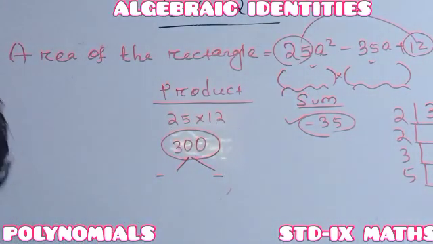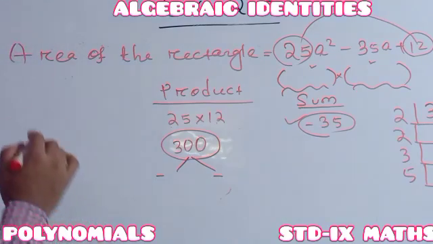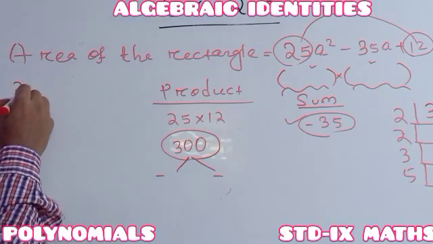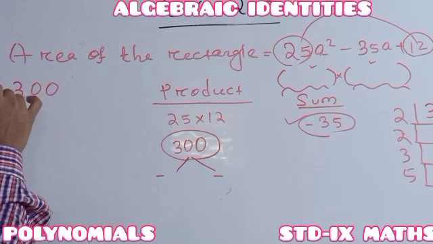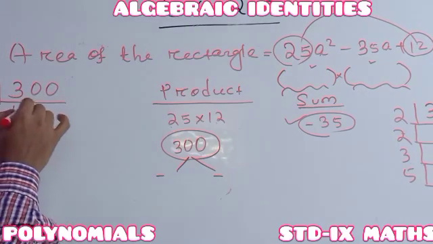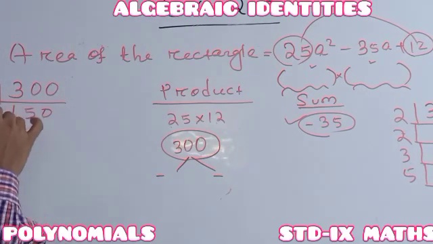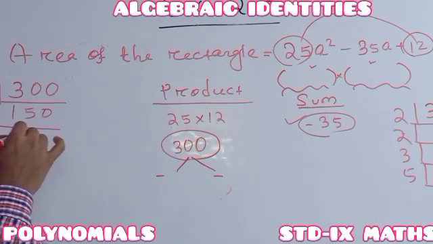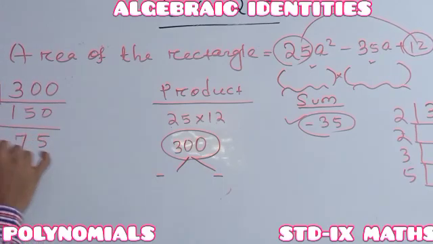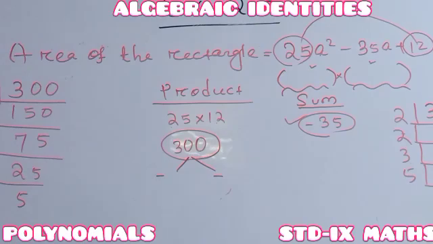Ready? I am showing this on the left side. See, 300 I am splitting as 2, 150, 2, 75, 3, 25, 5, 5. See, our sum is to be 35.